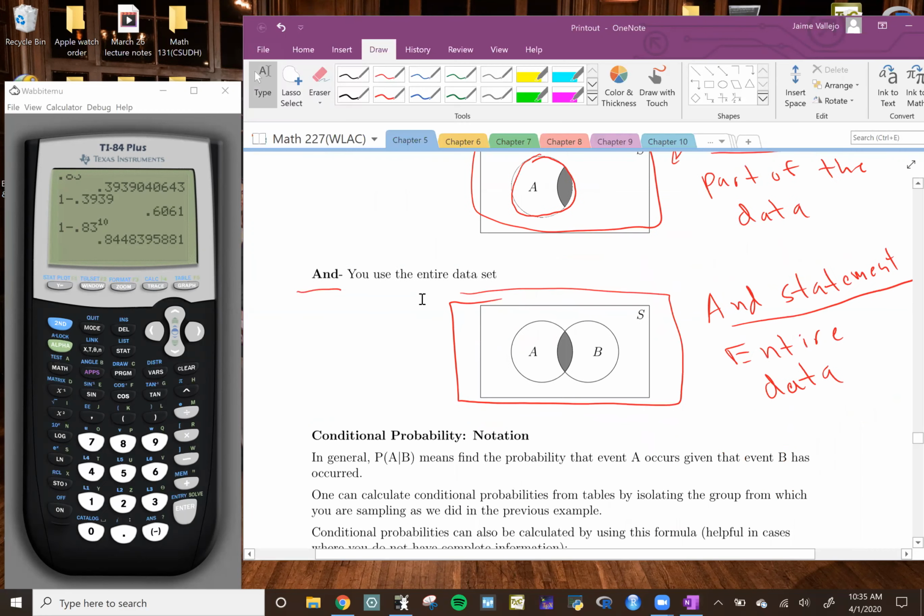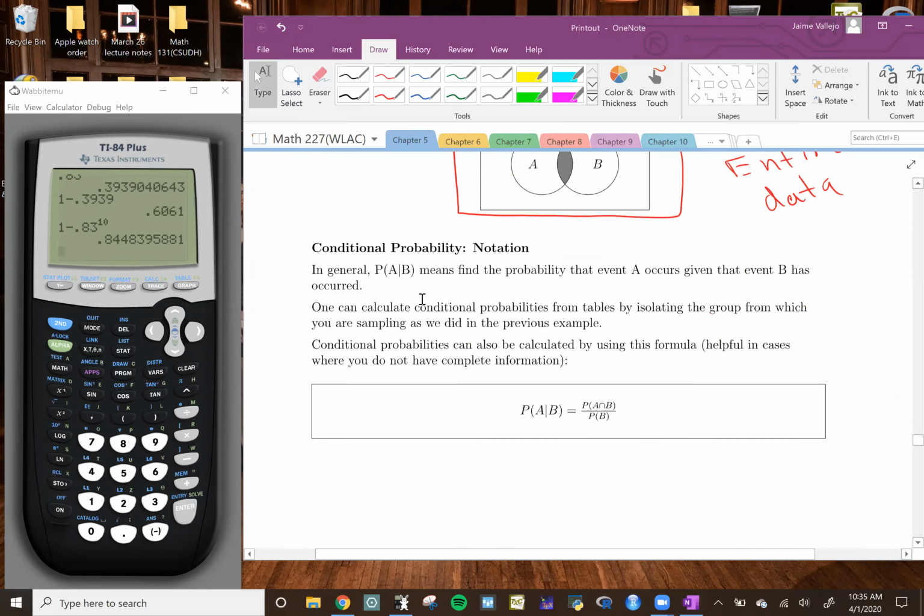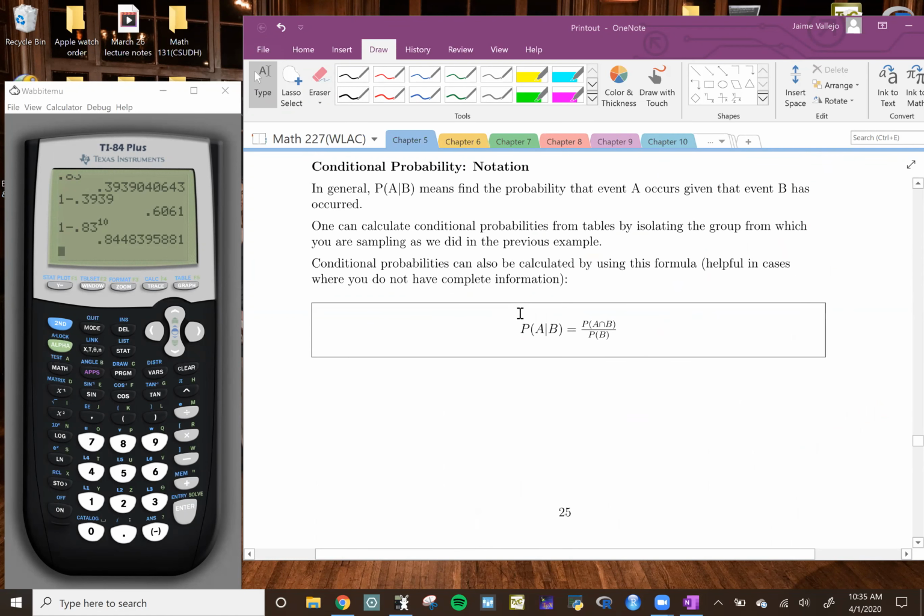Actually, let's scroll on down. All right. I don't know if I went over the notation or not, so let me go over the notation. P signifies probability.